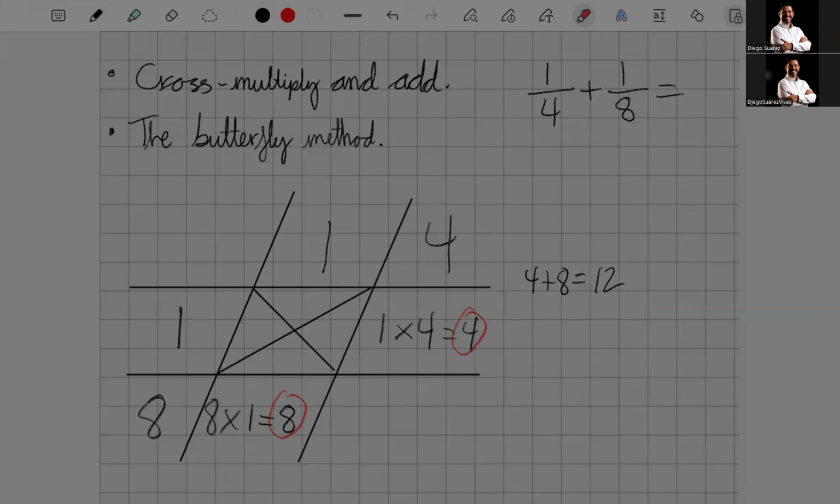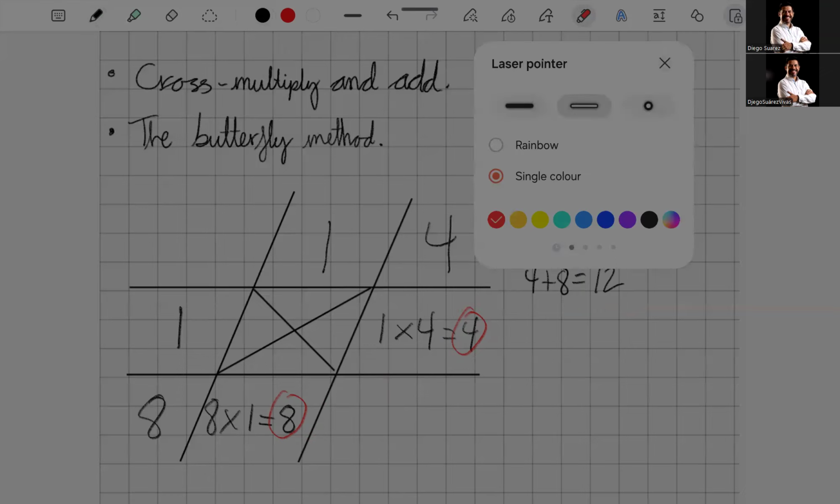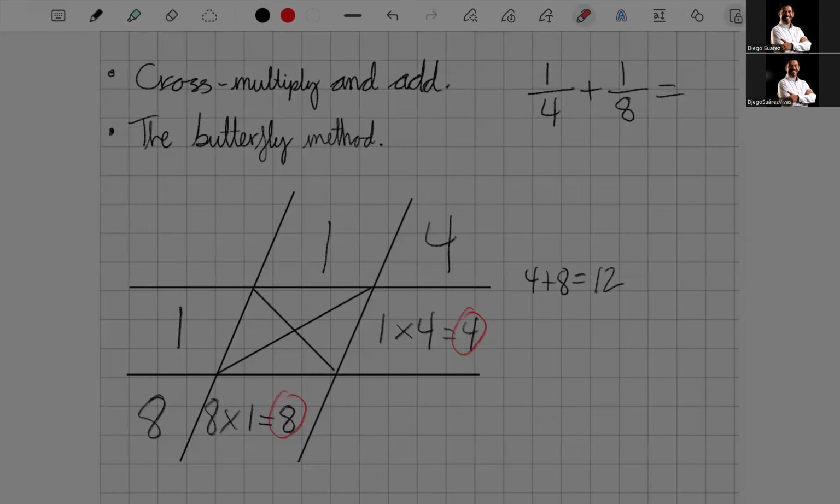Now we're going to check how we're going to find the denominator. To do that, we're going to match this number and this number. As you see, they will match right here. So we're going to multiply them.